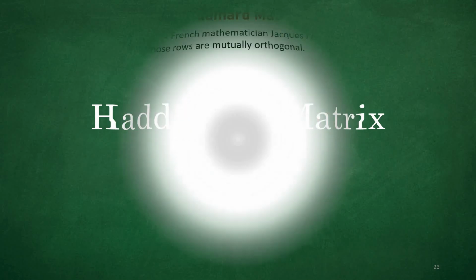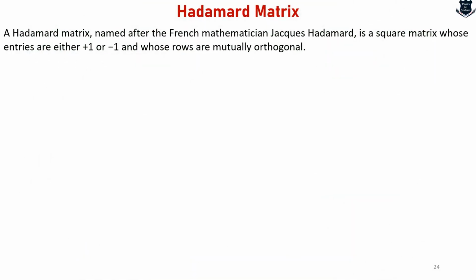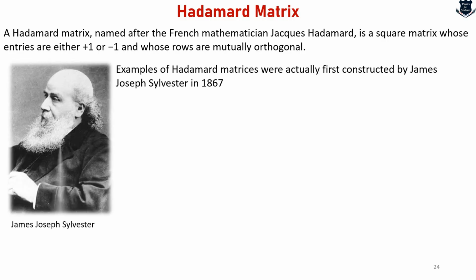The Hadamard matrix is named after the French mathematician Jacques Hadamard, and it is a square matrix whose entries are either +1 or -1, and whose rows are mutually orthogonal. Let us see what it looks like. This Hadamard matrix was first constructed by James Joseph Sylvester in 1867.